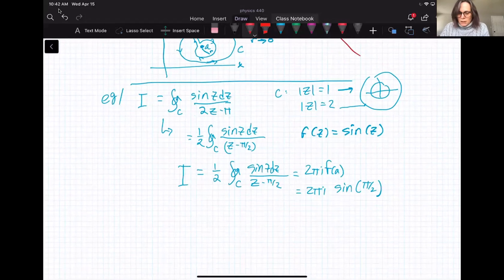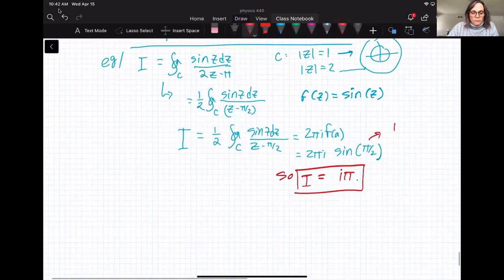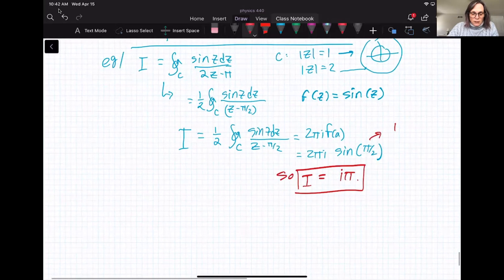Now this is equal to i, or to 1, right? So this integral has a value, since there's a 1/2 there, of i times pi. Okay, as long as we include that singularity.